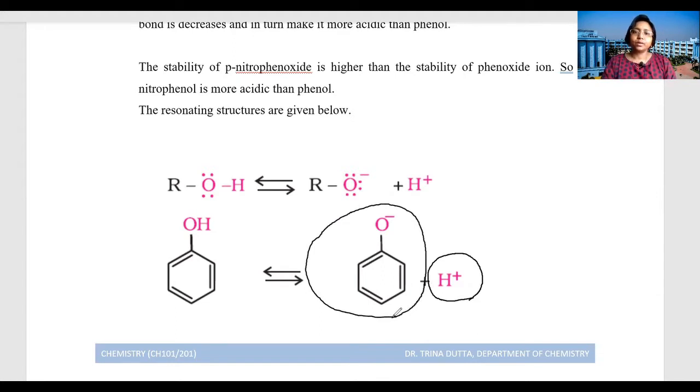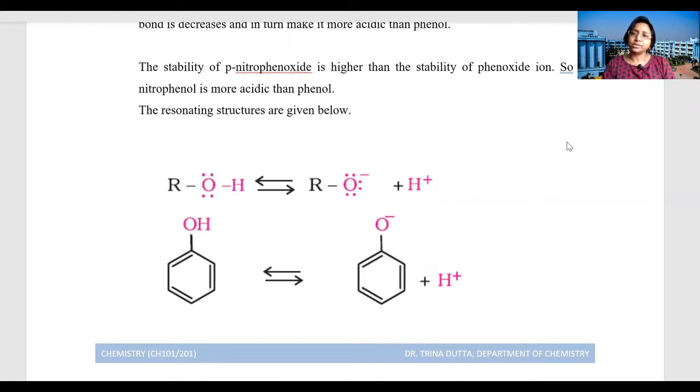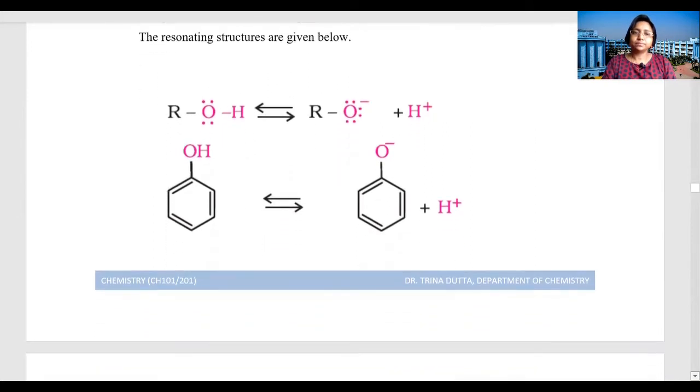So here we take the phenoxide ion, which we get from phenol when it releases the H plus ion, and the para-nitrophenoxide ion. We have to consider which is more stable. Para-nitrophenoxide is more stable than the phenoxide ion. That is why para-nitrophenol can easily give the H plus ion, and that is why it is more acidic. So let's see the resonating structures.